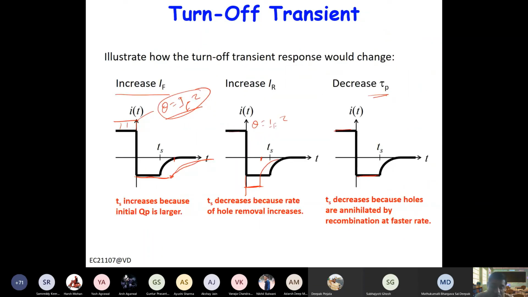Why? Because during this storage time, not only are the carriers extracted, they are recombining also, right? So the carrier extraction is proceeding at the same rate, but now recombination is faster. So within this time, more carriers would have recombined, so tau s will be slightly reduced. What about this recovery time?